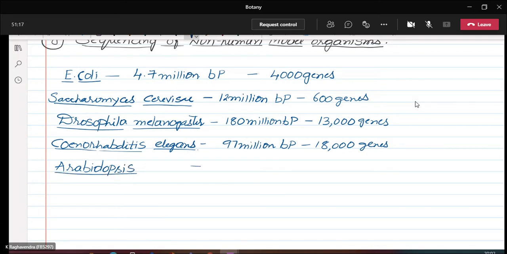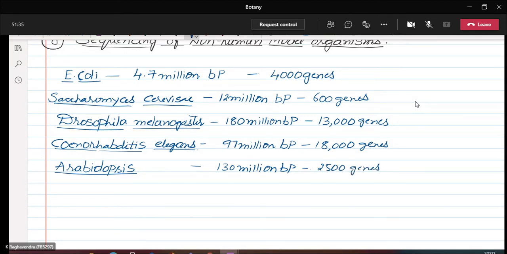So at this level, I can give you only the data. And anyway, this is also provided in your package, right? You can check it out. Where 2,500 genes they found.